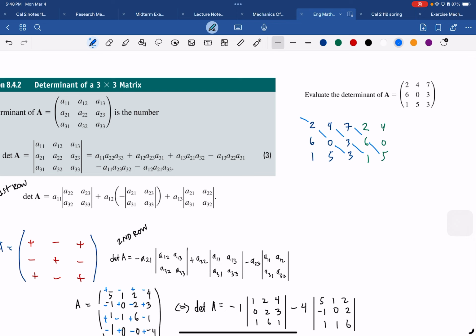So I will multiply 2 with 0 with 3, and then plus this multiplied, 12, 1 is 12, so plus 12, and then 7, 6, 42, 5, 210. So you plus that, and then minus the left arrow, and then minus this arrow. And that also works. So you will get the determinant. But it only works for 3 by 3. If more, it doesn't work. Okay.